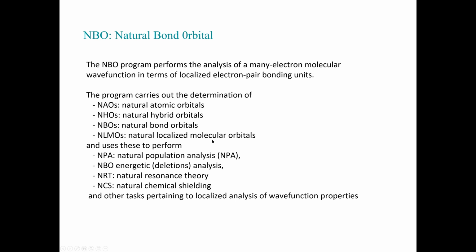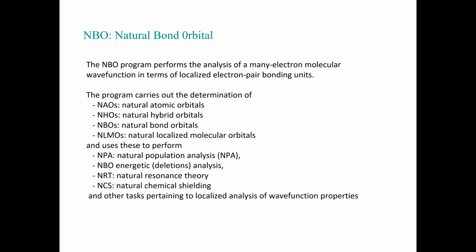It also has natural localized molecular orbitals as well. They use this information to perform a natural population analysis. And then they do energetic analysis and use some natural resonance theory or natural chemical shieldings. I'm not quite familiar with this. I just know the basics.